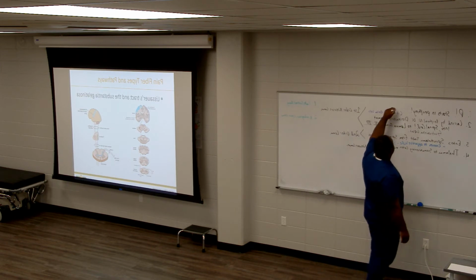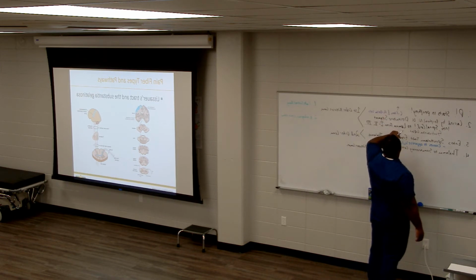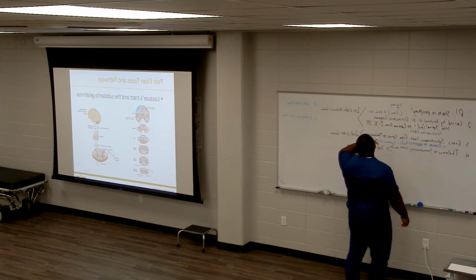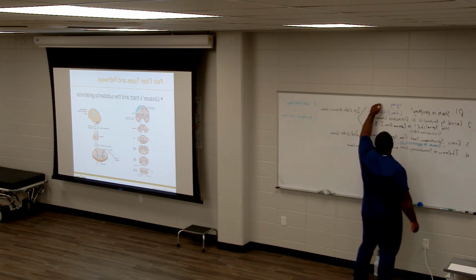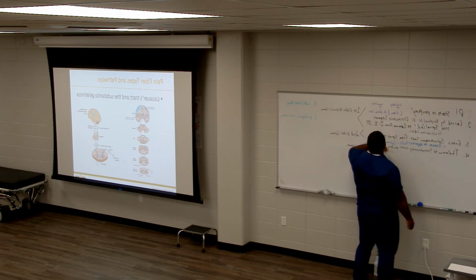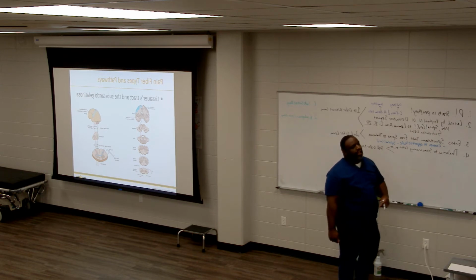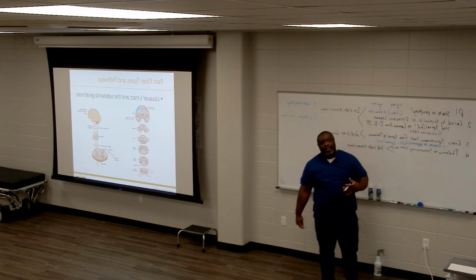C fiber carries what type of pain? Dull, achy. A delta carries sharp, fast pain. So one's dull, achy, one's sharp, fast.